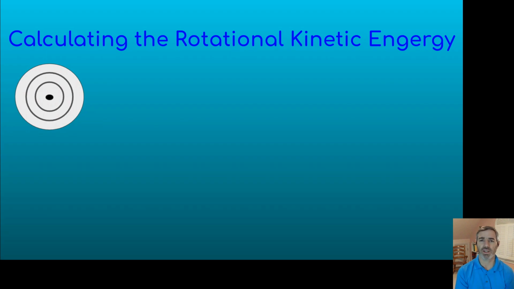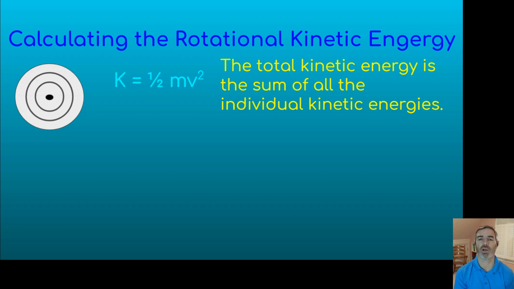So we're going to calculate the kinetic energies by starting first with our kinetic energy equation. That kinetic energy equals 1/2 mv squared. Now remember that the total mechanical energy is the sum of the mechanical energies, in this case kinetic. So we can sum up 1/2 all of the individual masses times the individual velocities squared.